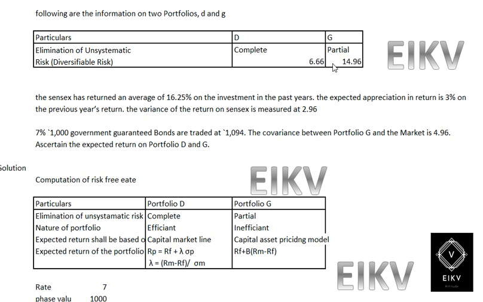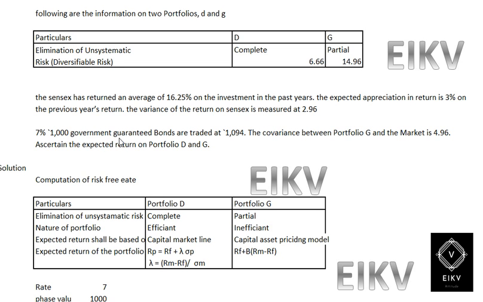6.66 and 14.96. So here the Sensex has given a return, on average, of 16.25 on the investment in the past year. The expected appreciation in return would be 8% on the return of the previous year. The variance of the return on Sensex is measured as 2.96%.